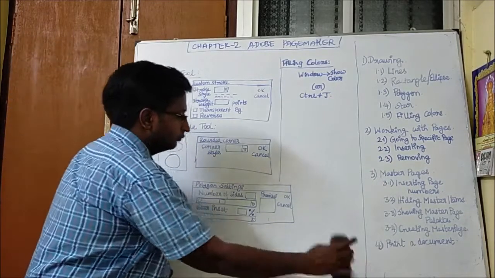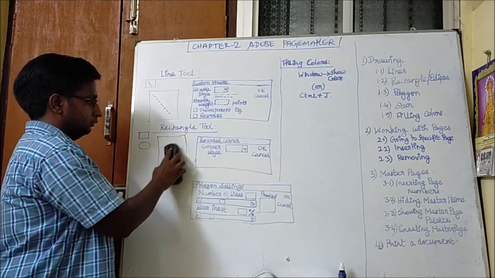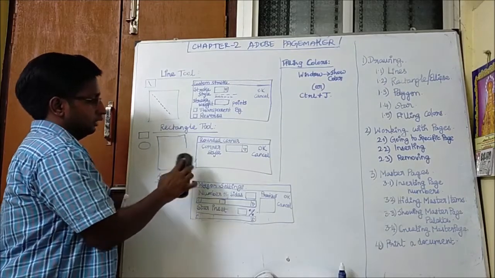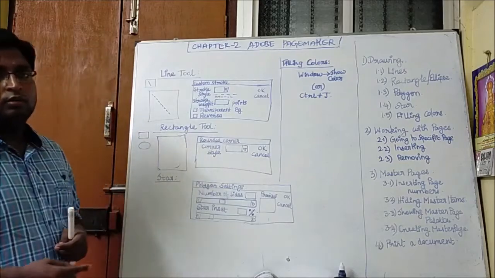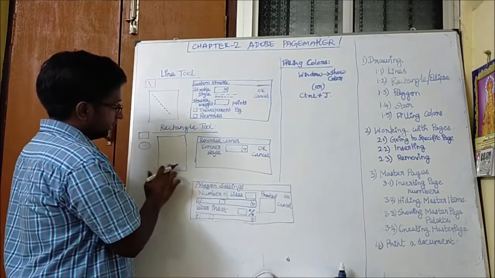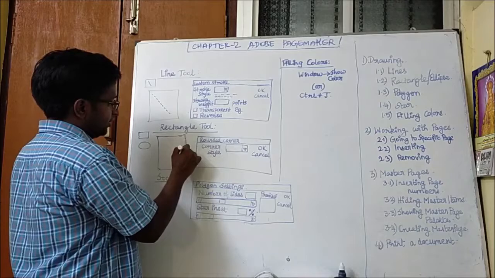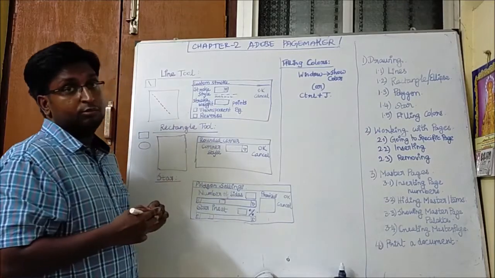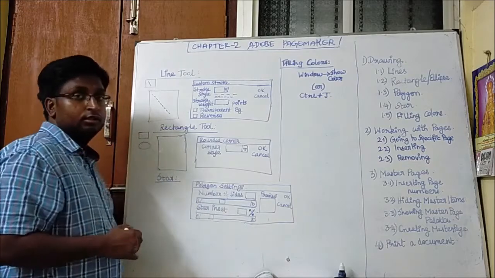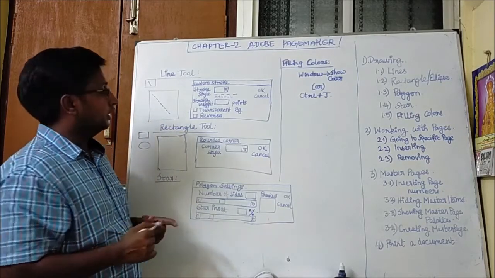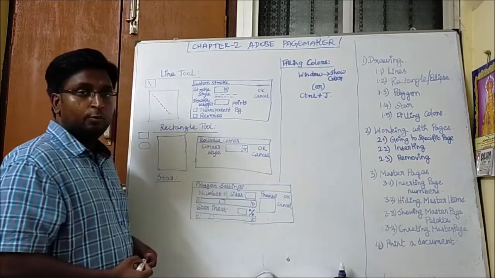In a rectangle, if I need a rounded corner or a sharp edge or a curved edge, whatever it may be, again double click the rectangle tool. A rounded corner dialog box will open.